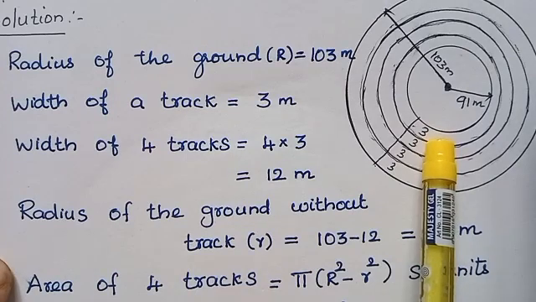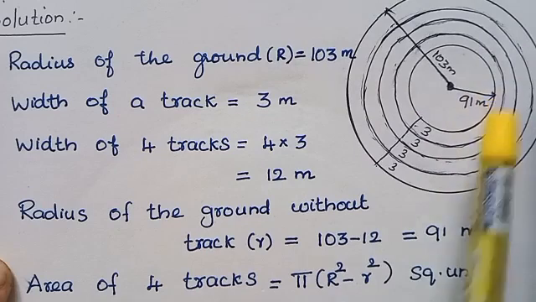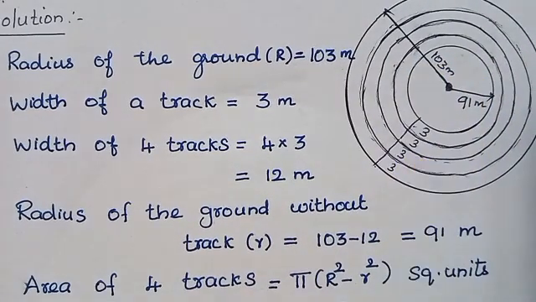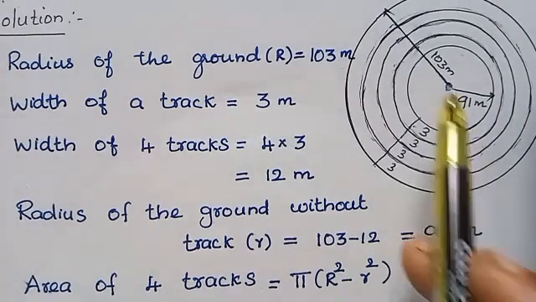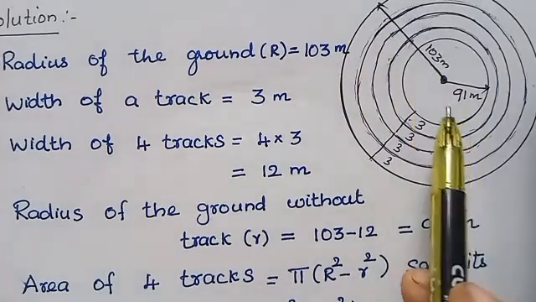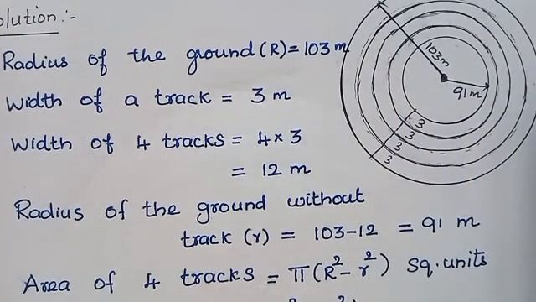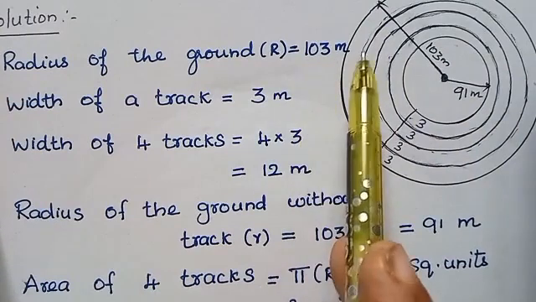Next we are going to find out the radius of the inner circle. For that, subtract 103 minus 12 equal to how much? 91. Radius of the outer circle is 103 meter. Radius of the inner circle is 91 meter.